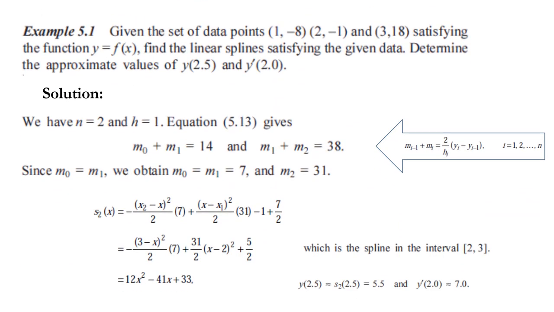Now we will see the same example, the quadratic spline. We are given the set of data points, the previous data points. Again, we have to determine y of 2.5 and y prime of 2.0.